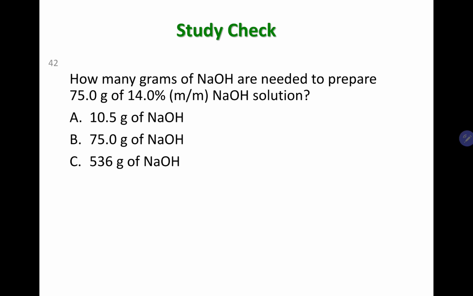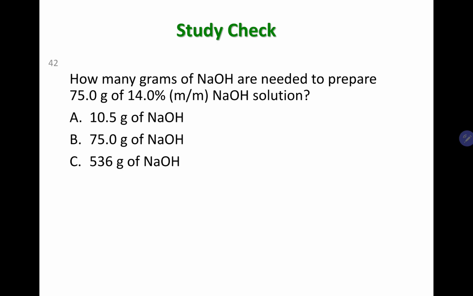I have a few more study checks so that you can practice your skills in doing concentration calculations. Here I have used a sodium hydroxide solution where you have 75 grams of sodium hydroxide solution and the concentration is 14%. See if you can figure this one out.